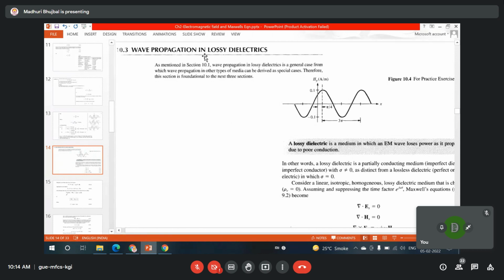So here this lossy dielectric is a general case, and from which wave propagation in other types of media can be derived as special cases.